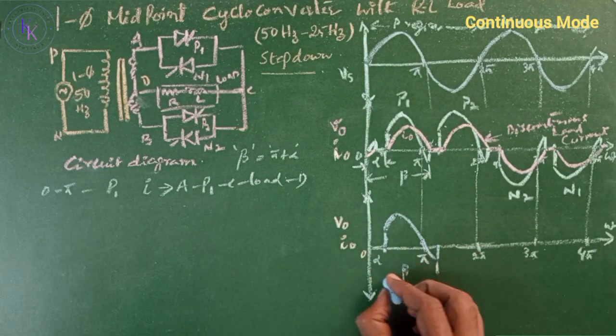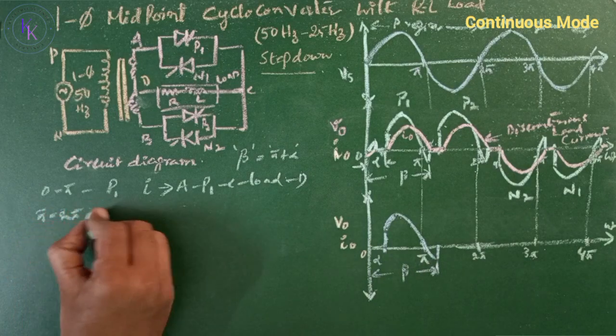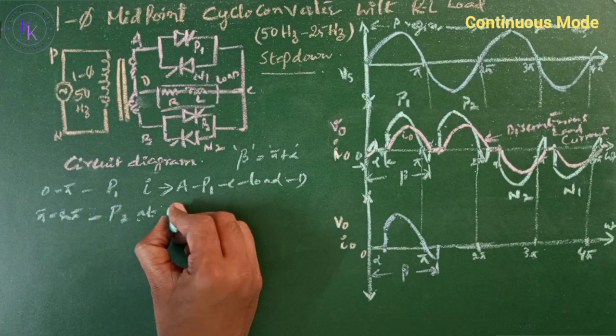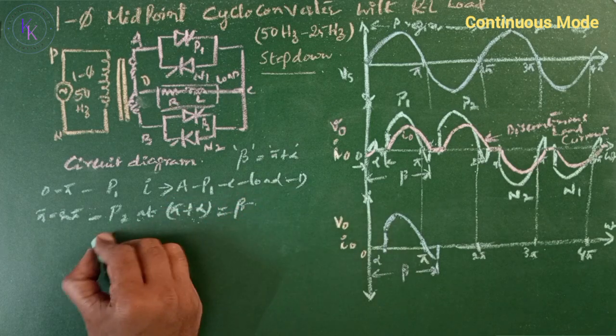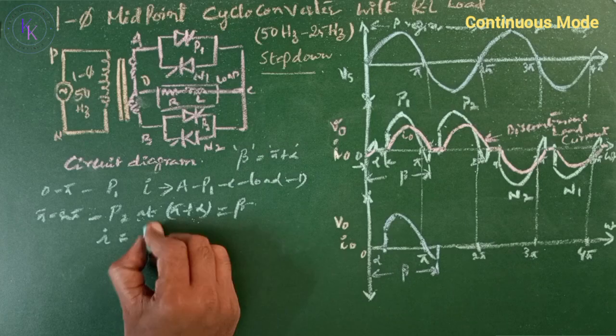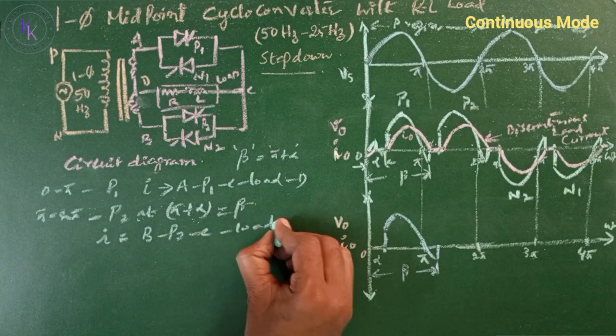This is beta. Between pi and 2 pi, P2 is triggered at pi plus alpha, which equals beta. Then the current starts flowing through B, P2, C, load to D.